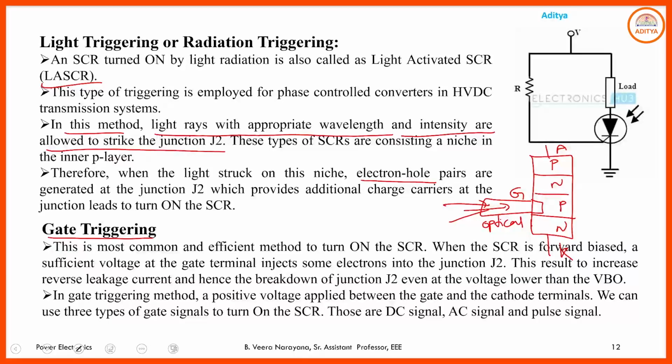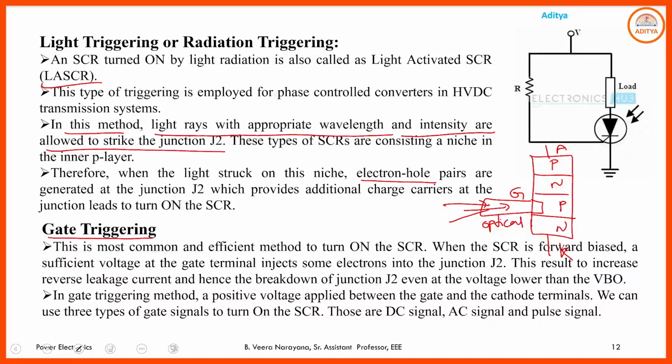We are discussing 5 different turn on methods: forward voltage triggering, temperature or thermal triggering, dV by dt triggering, light or radiation triggering, and the final one is gate triggering. Out of these 5 methods, gate triggering is the economical, efficient one to turn on the SCR. When the SCR is forward biased, a sufficient voltage across the gate and cathode terminal should be provided.